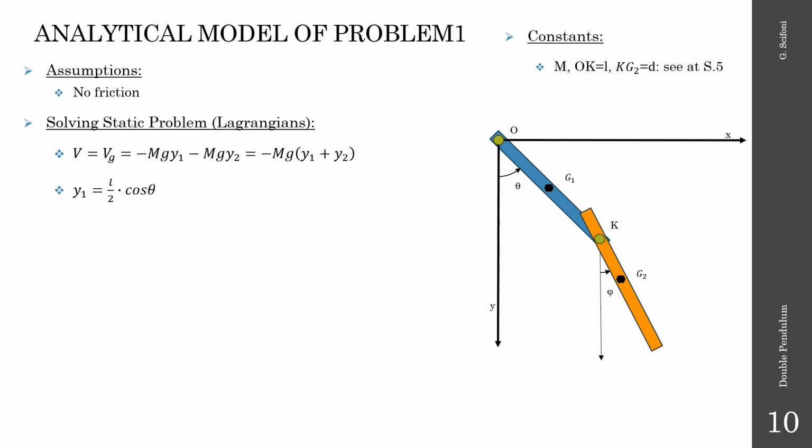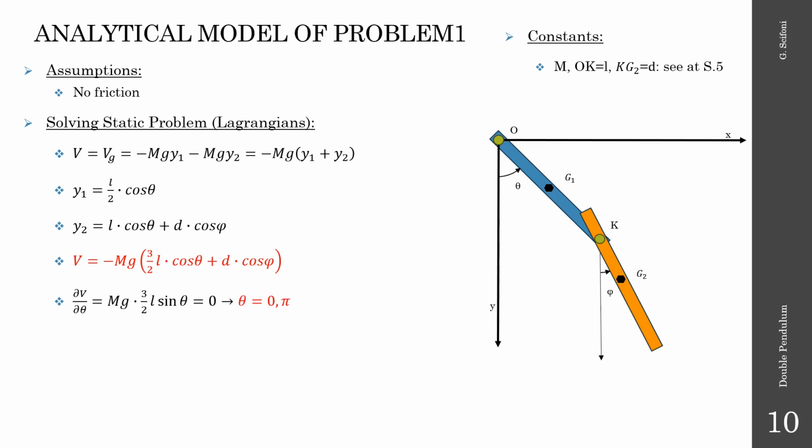Actually, y1 only depends upon theta and its expression is L half into cosine theta. Y2 does depend upon both variables instead. Its expression is here represented. The potential energy of the system is also written here in red.